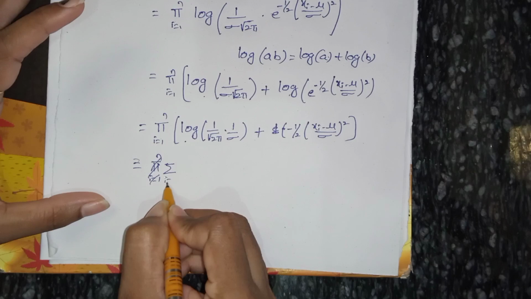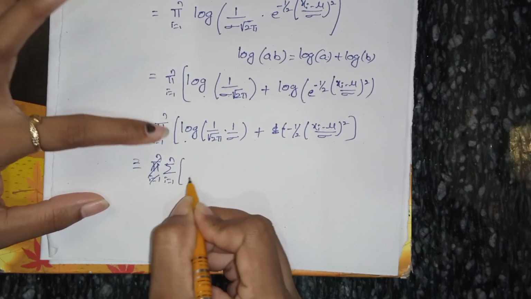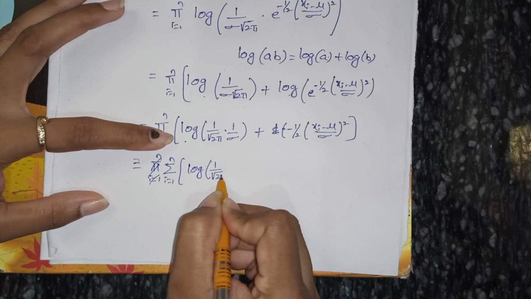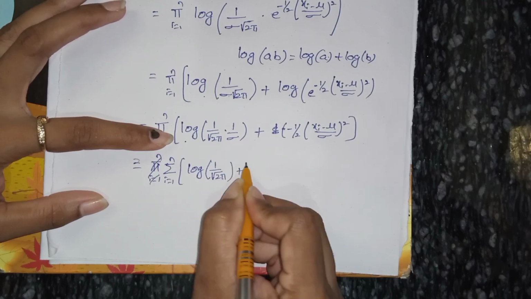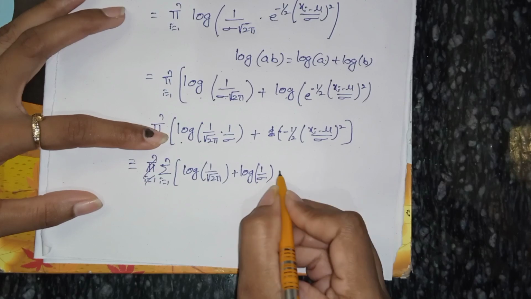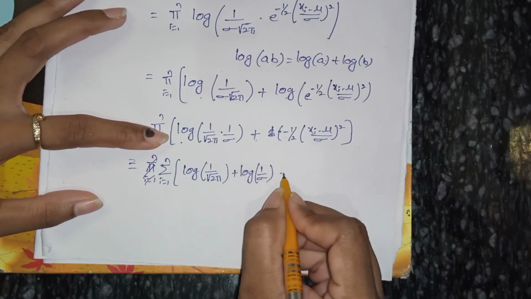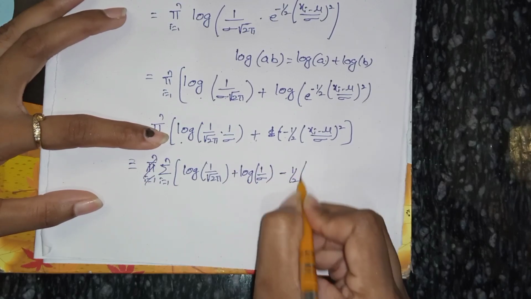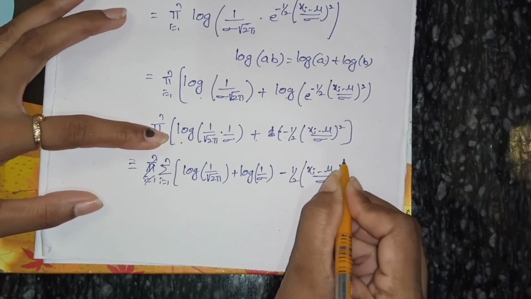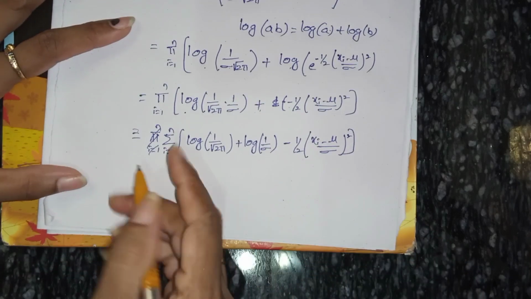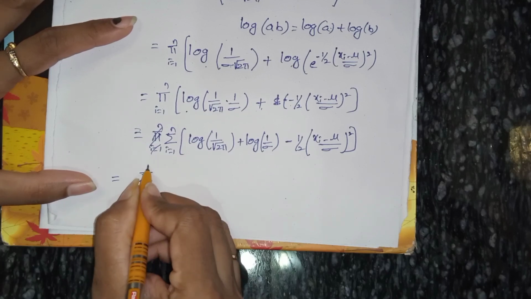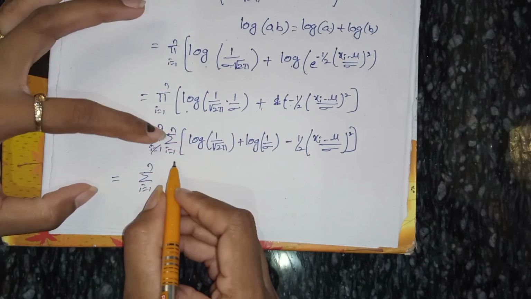So summation i equals 1 to n, log 1 by root 2 pi plus log 1 by sigma plus, into minus, nothing but minus 1 by 2 into (xi minus mu by sigma) whole square. Okay, so summation i equals 1 to n, this term I am going to write.